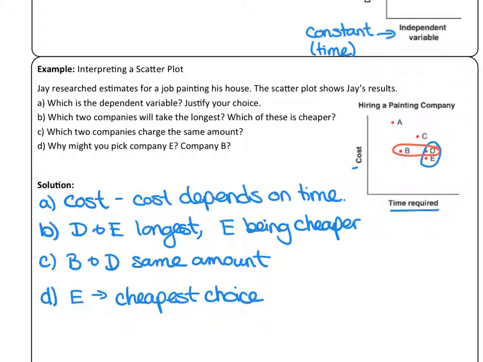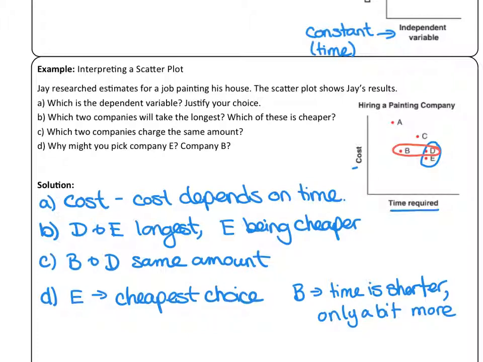So it's closer to the price of E, but also takes much less time. So B, while not being the cheapest, the time is shorter, and it's only a bit more money. So that is why somebody might choose B over some of the other ones.